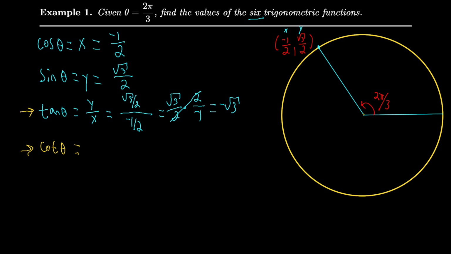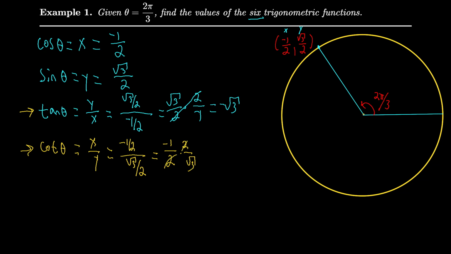It's just x over y. So it's instead negative 1/2 over root 3 over 2. And this time when you do the math and you flip it, you get negative 1 over 2 times 2 over root 3.